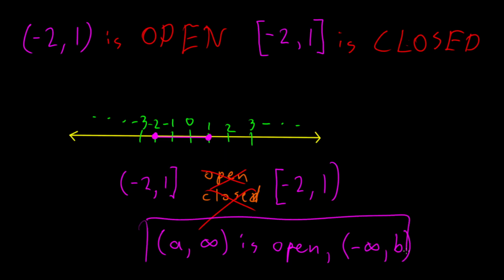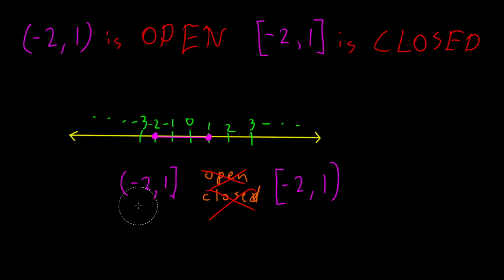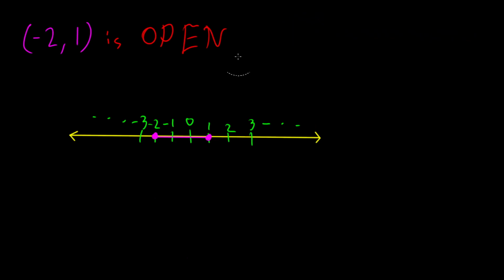Okay, these are also open. But if one of these were square, then it would not be open. And note here, just because it's not open doesn't mean it's closed. So a set can be neither open nor closed. And in fact, that's actually the more likely case. It's a rare property for a set to be open or closed.